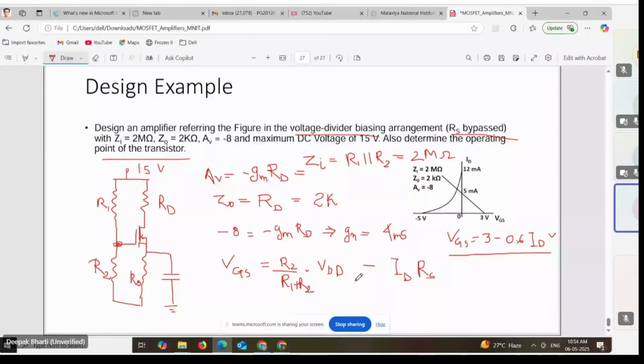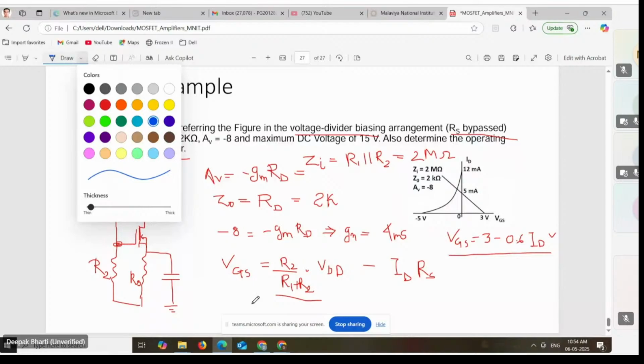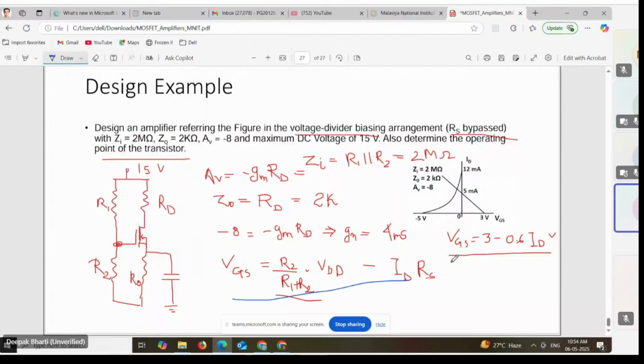So if we compare this particular equation and this, then what will we get? That R2 upon R1 plus R2 into VDD, that is equal to what? 3. And RS is how much?